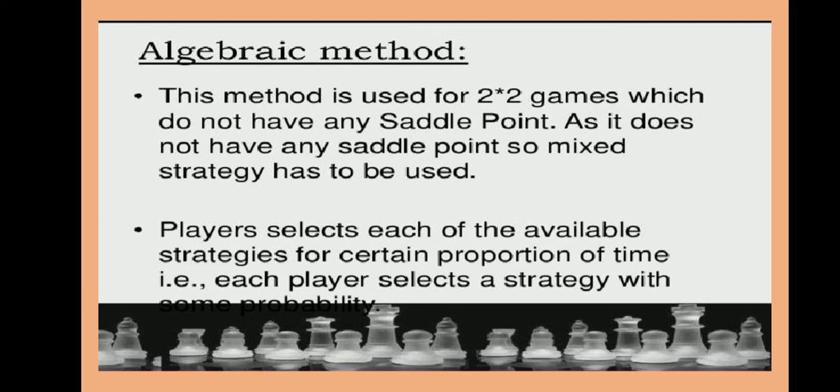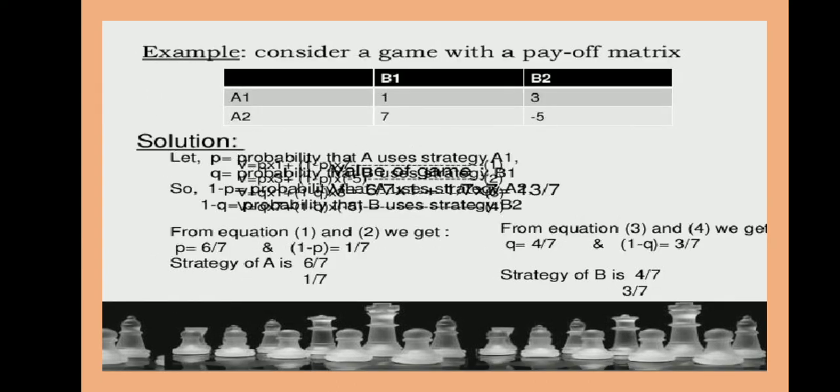Example, each player selects a strategy with probability. Now we have examples. Consider a game with a payoff matrix. Now we have the examples in which the questions are given with answers, as you can see.